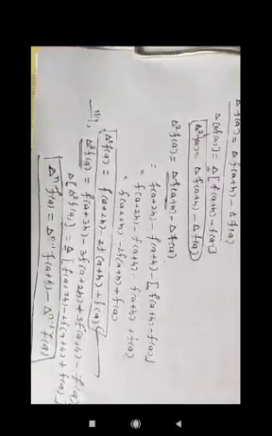Remember this formula. So this is the nth difference. And how can we find nth difference? Delta n f of a is equal to delta power n minus 1 f of a plus h minus delta n minus 1 f of a. Now whatever the value of n, we get the corresponding values for further problems.